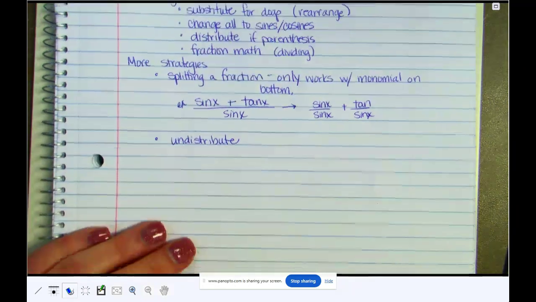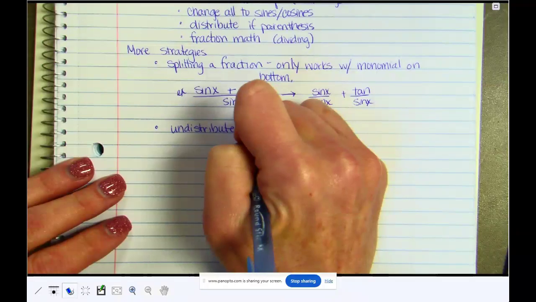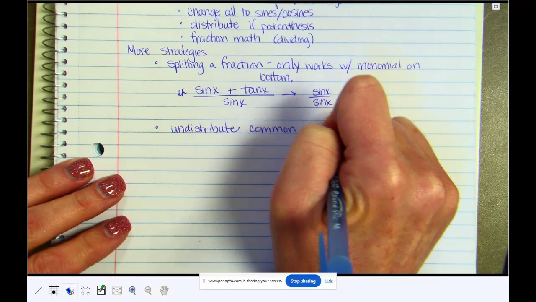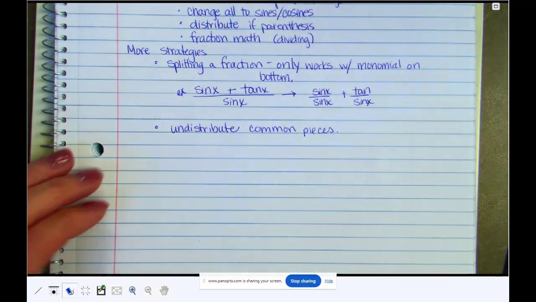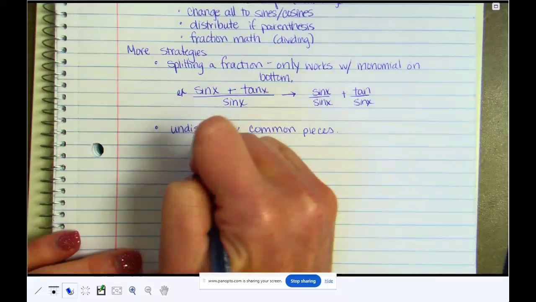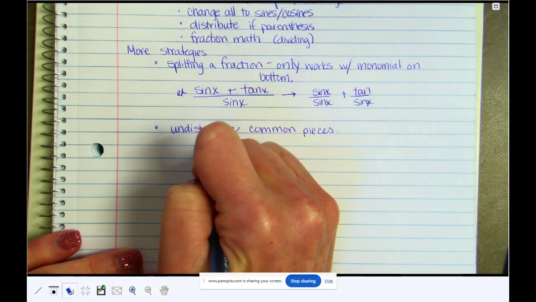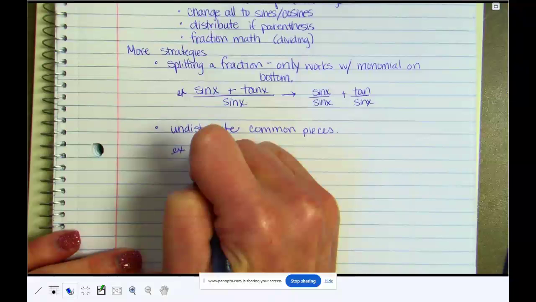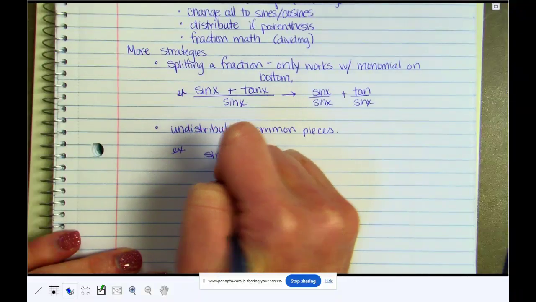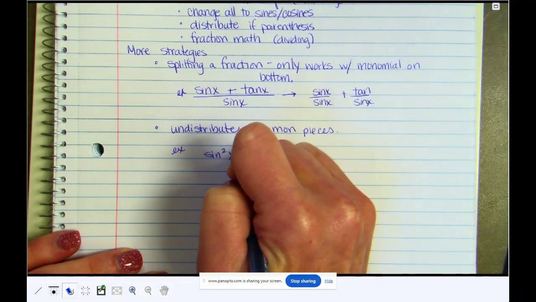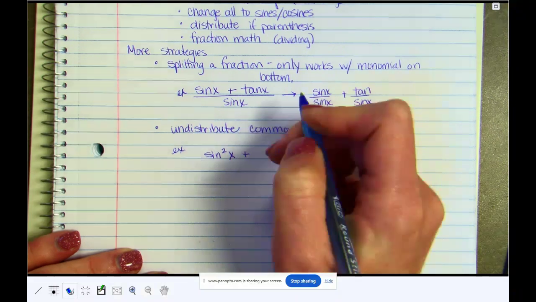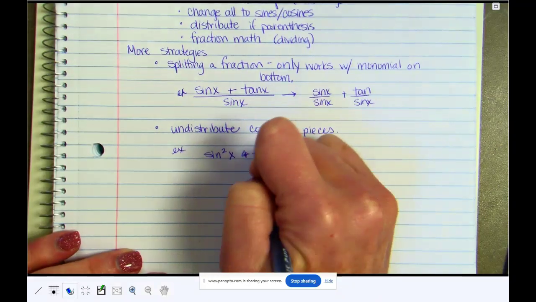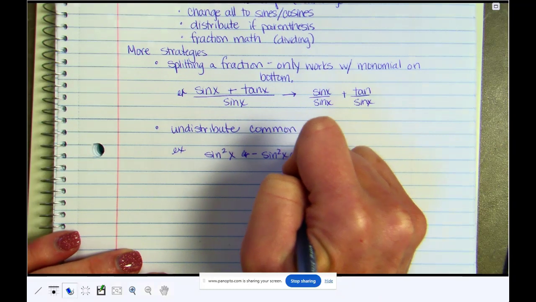I'm going to say undistribute common pieces. So let's say you have this one, which will actually get us somewhere: sine squared minus sine squared cosine squared.